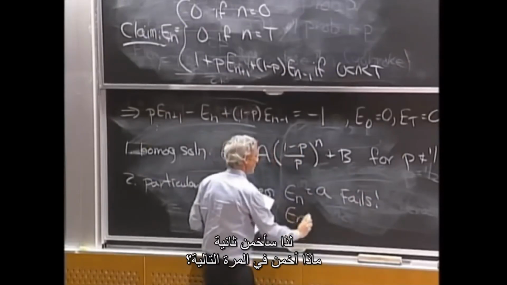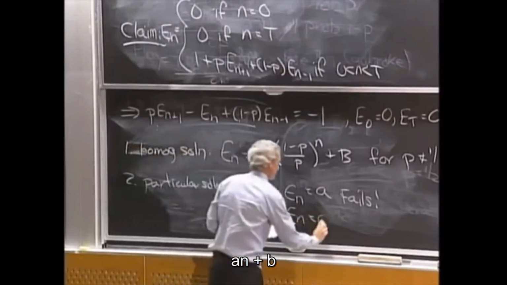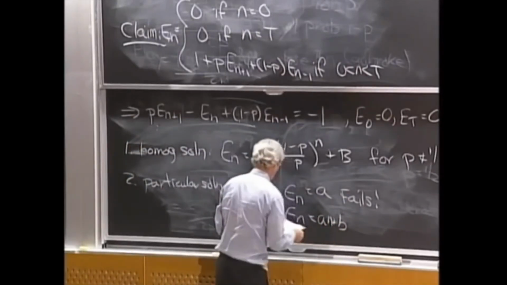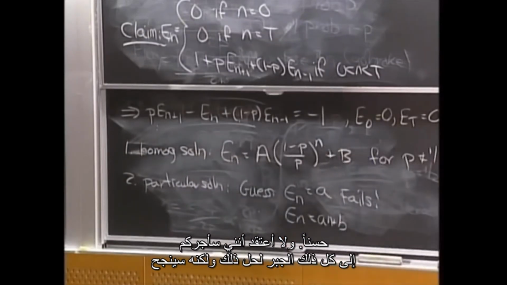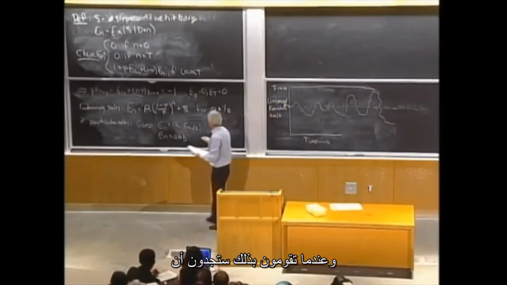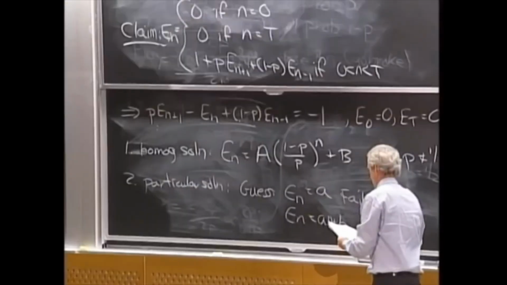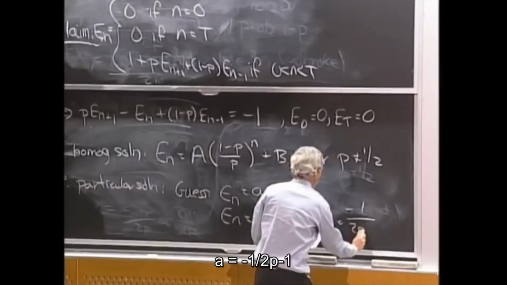So I guess again. What do I guess next time? An plus B. All right, and I don't think I'll drag you through all the algebra for that, but it works. And when you do it, you find that A is minus 1 over 2p minus 1.